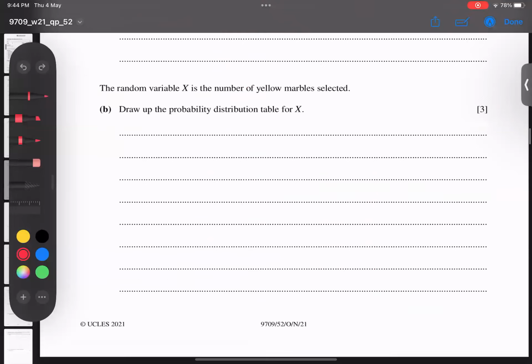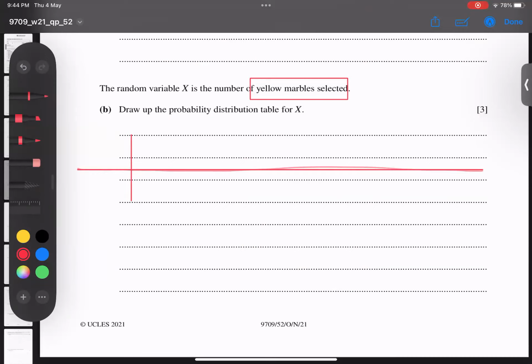So let's go for the next part. The random variable X is the number of yellow marbles selected. It means our attention is totally on the yellow color, and we have to make a probability distribution table for X. So students, what is the technique?